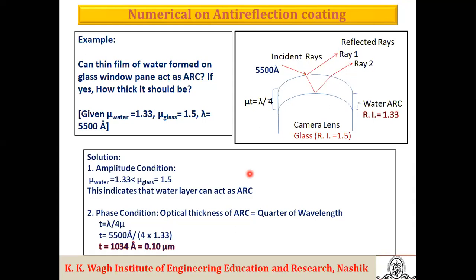Then we covered various types of thin film in which the interference pattern can be observed, and what the conditions are for constructive interference and destructive interference. Similarly, one type of thin film interference is the uniform thickness thin film, that is the parallel sided thin film, and the application for that is anti-reflection coating.